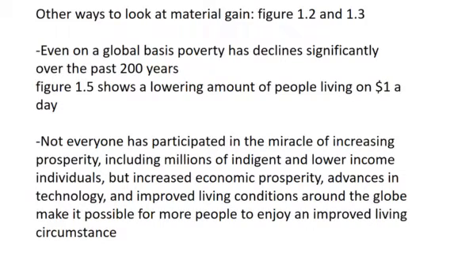Now just look at how many people have cars in the United States, and it's mind-boggling to see how far we have actually come. Another figure that you can take a look at is figure 1.5. It's basically just going to demonstrate a lot of the same things that we have already talked about. So if you'd like, go ahead and look at it on your own time.